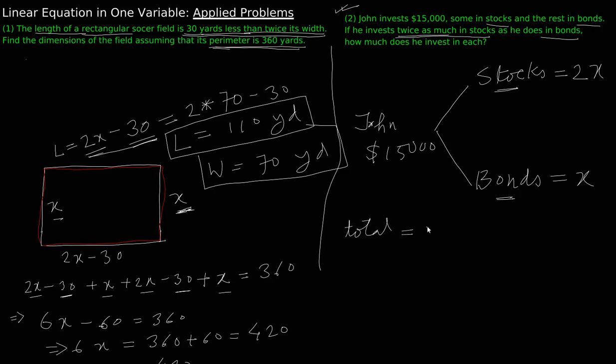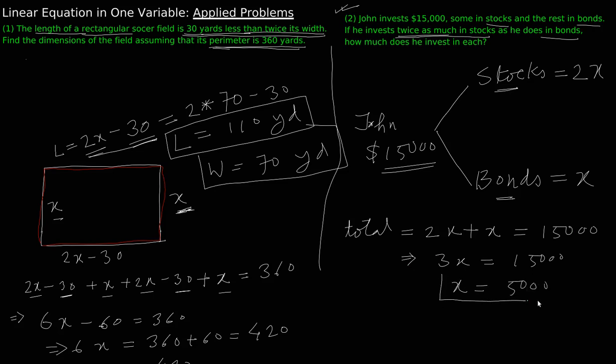His total investment will be 2X plus X. We know his total investment is $15,000. So 2X plus X is 15,000. I can write 3X equal to 15,000, so X equals 5,000.